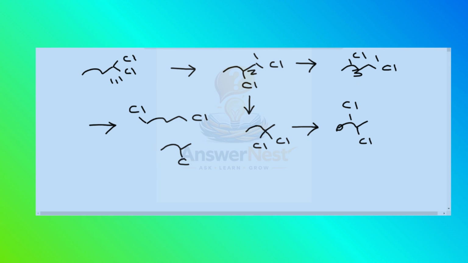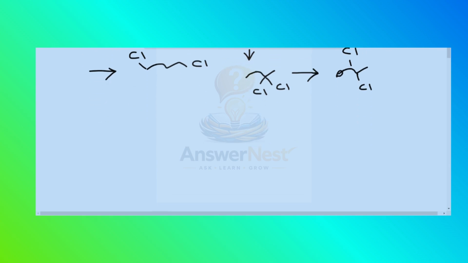So that's all we can do for butane, but we could also decrease the carbon chain by 1, and now we'll have propane. Start from the beginning: put both chlorines on carbon 1, then put a methyl group right here to have 4 carbons, and move the 1 chlorine group.